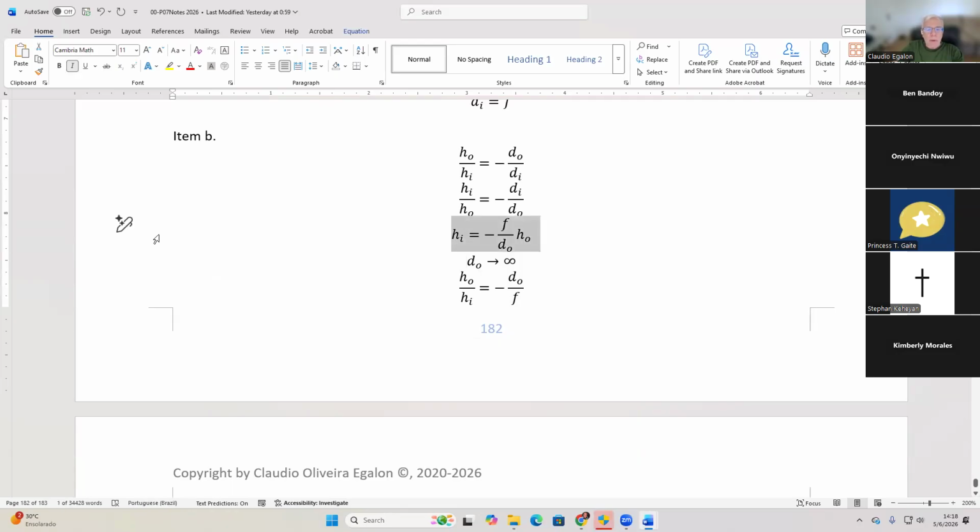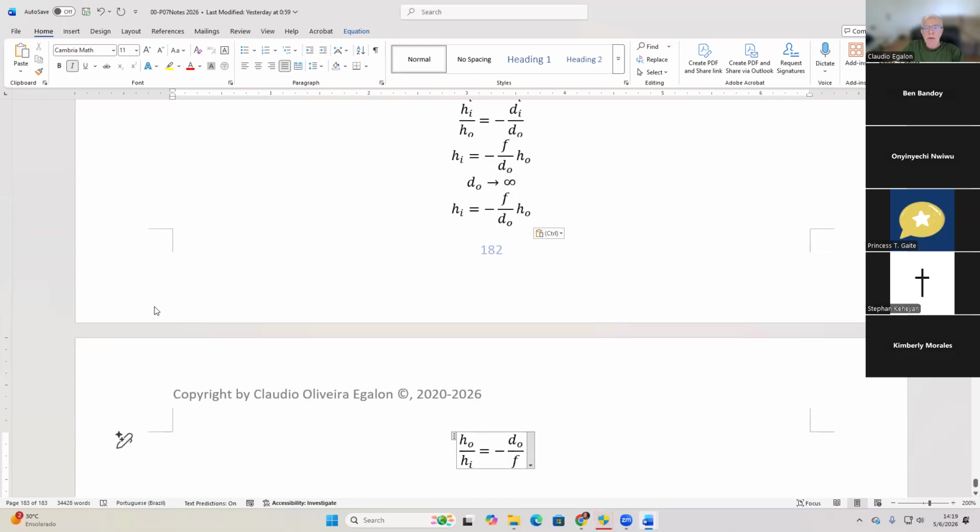So what we have to do, we have to copy this one and place right in here because D naught goes to infinity. This term here is going to be 0. And the size of the image is going to be 0. It's just like a point located at the focal distance.